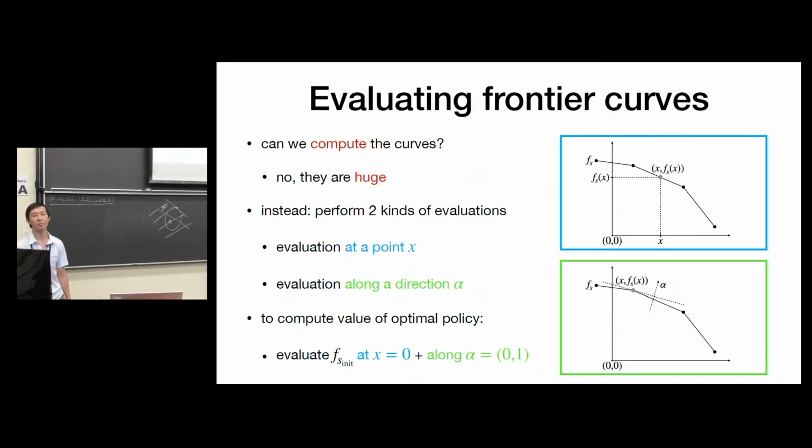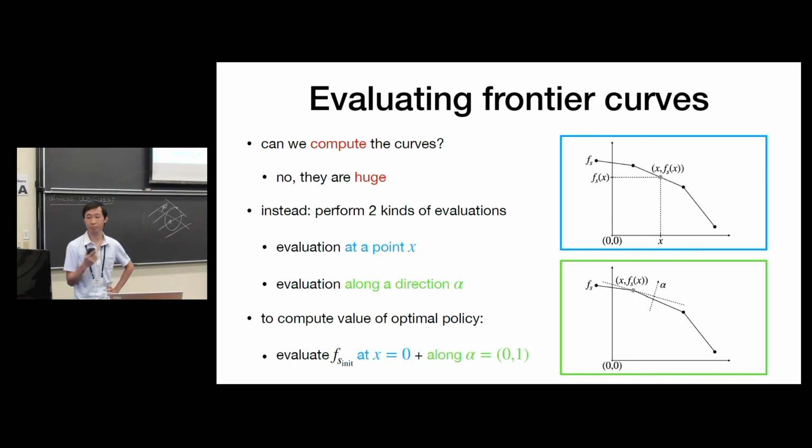The problem is we can't compute them because they are huge too. So instead we evaluate them. We perform two kinds of evaluations. We evaluate the curve at the point x, which means you give me x, I give you f of x. And we evaluate the curve along a direction alpha, which means you give me alpha, I give you the farthest point on the curve along alpha.